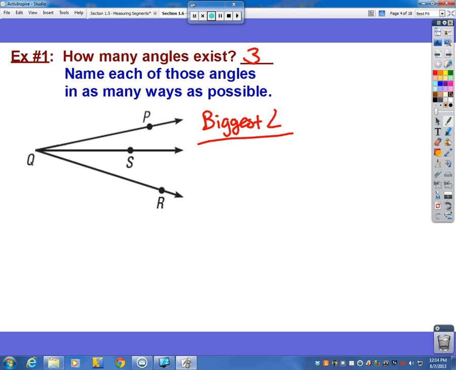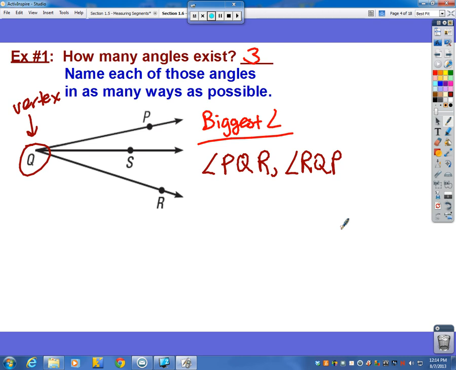Let's start off with the three-letter format. Now, in this big angle here, the Q, it's the vertex. So it's got to go in the middle. The other two ends are the P and the R, and it doesn't matter which way they go. So that would be acceptable. Notice there is no number in here, so I couldn't call this like angle 1 or angle 2 or angle 3. Now here's an example of where you cannot use the single letter format.